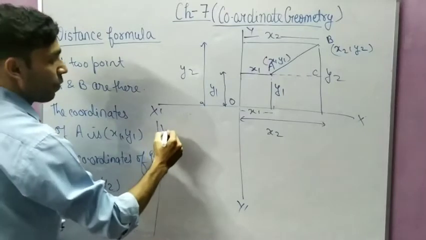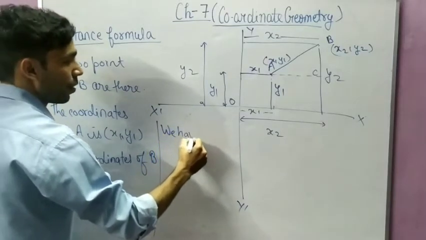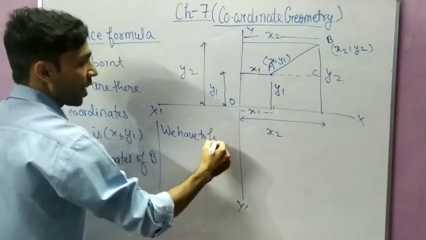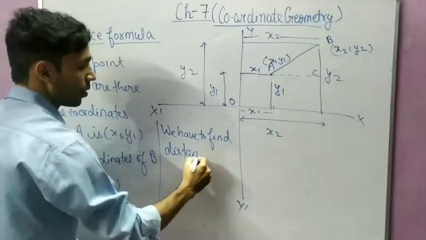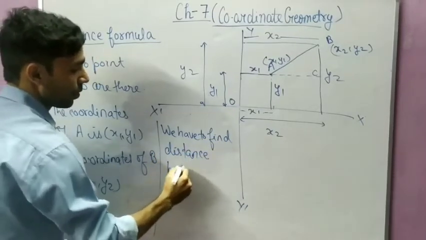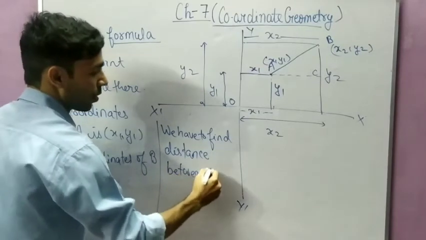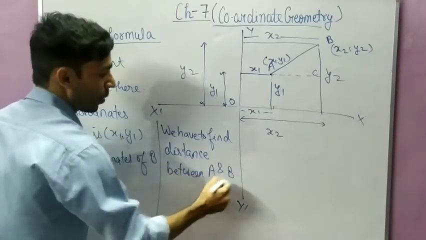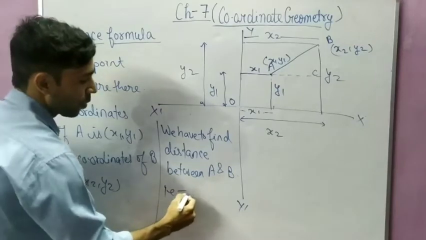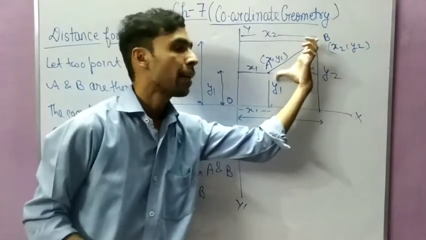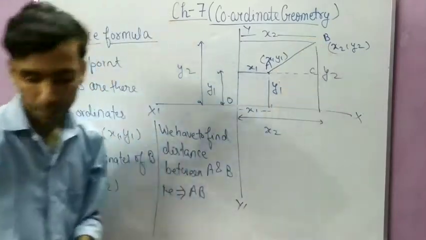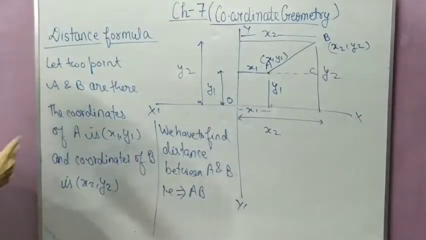We will write, we have to find the distance between A and B, that is equal to AB. A and B is also known as AB. So this distance we have to find. So first you note down this thing.